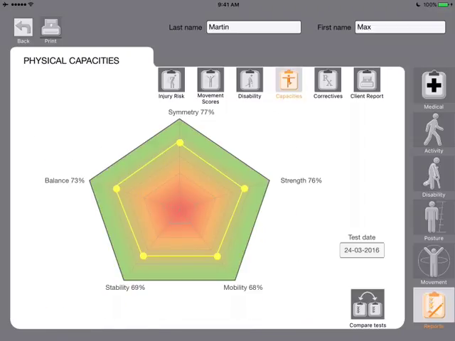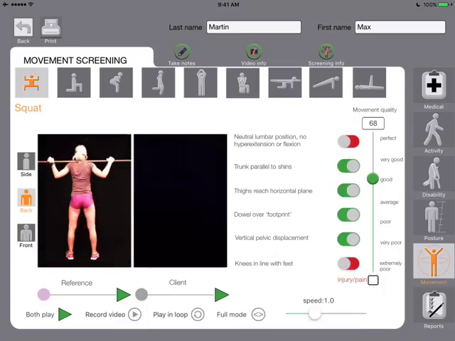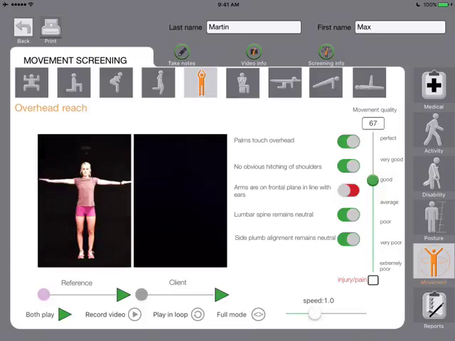Stability, mobility, and strength are determined from the scores of individual movements. Let me give you an example. All movements are weighted for different capacities. If we look at an overhead reach, this movement is primarily looking at mobility, range of motion, and range of motion of the shoulder specifically, so the whole movement is scored quite heavily for mobility.